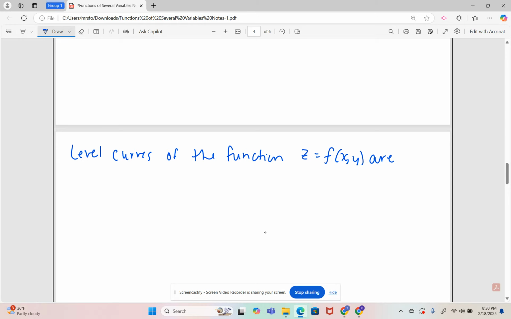We get them by setting z equal to k, where k is any number.